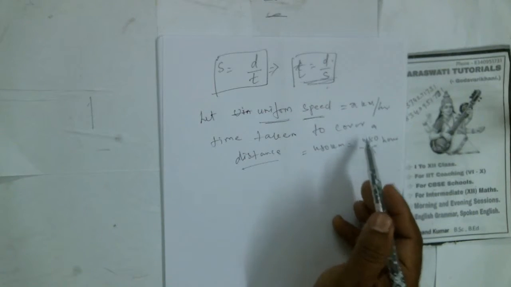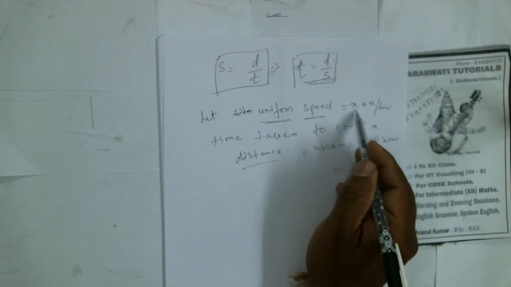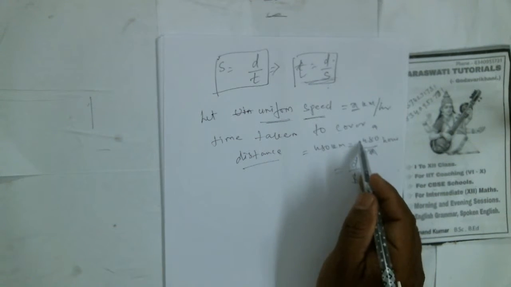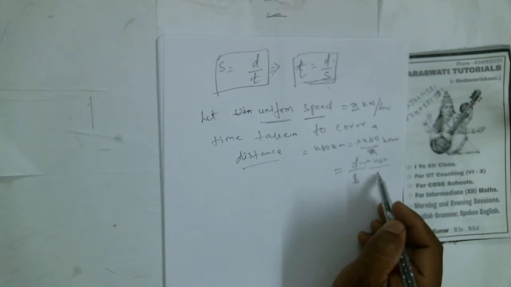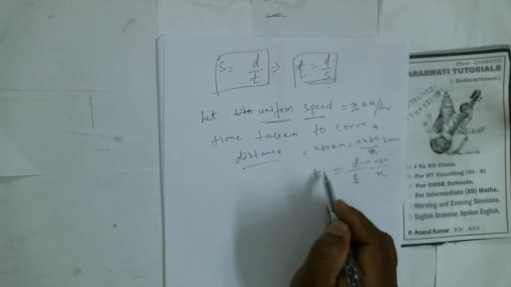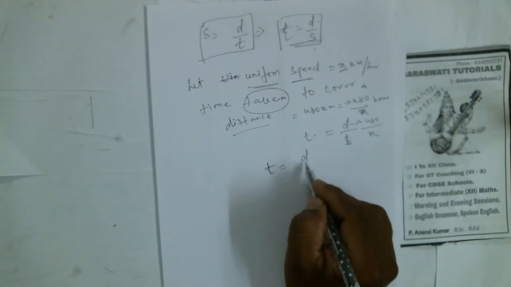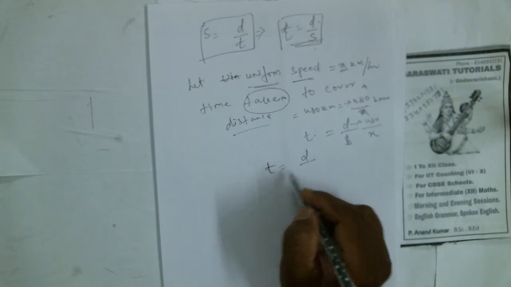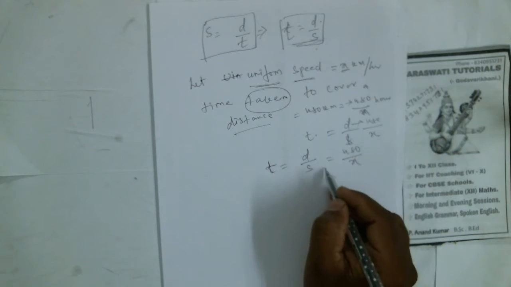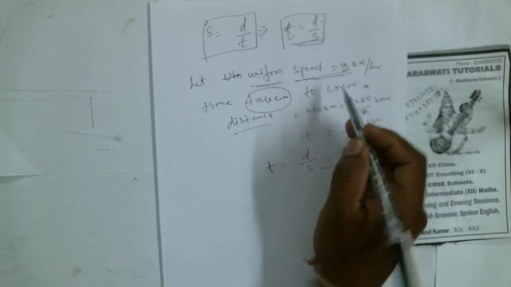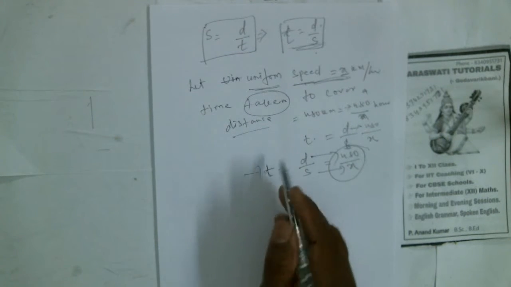So the distance is 480. The distance is 480 by speed x, which is equal to time. So time is equal to distance by speed, which is equal to 480 by x. Why? Because speed is equal to x. Okay, speed is equal to x and distance is 480. Okay, so therefore this is the first equation.